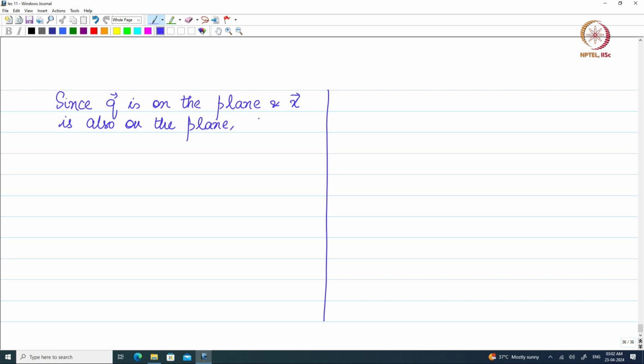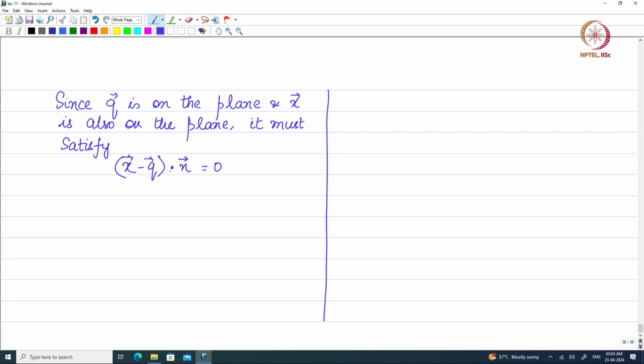we can find a vector from the point x to the point q, which is given by, let us say this. Since q is on the plane and x is also on the plane, it must satisfy x minus q dot n is equal to 0.